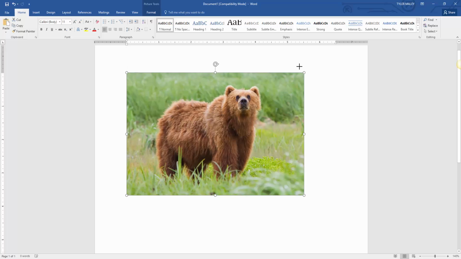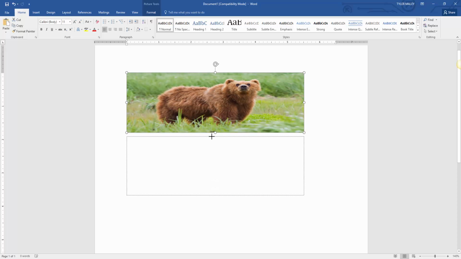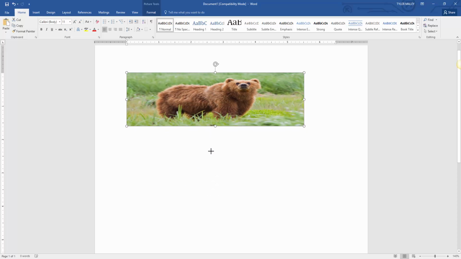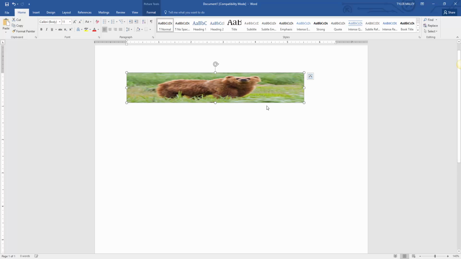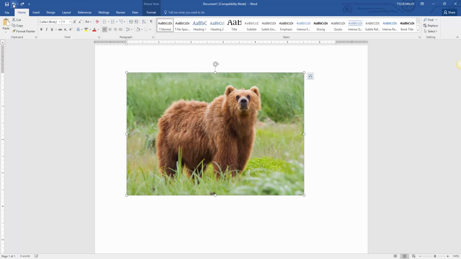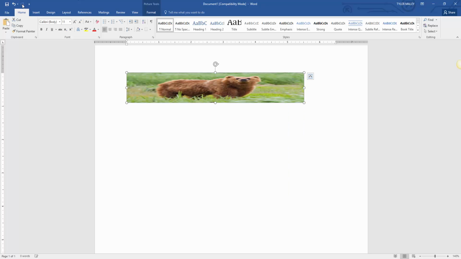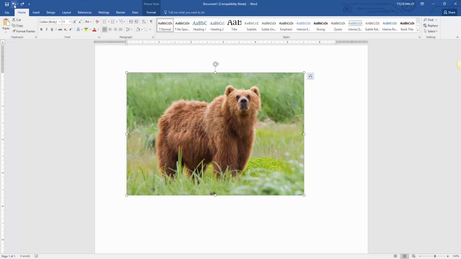So if, for example, I want to make it really short without using aspect ratio, I could use this middle one here and just drag it down, right? And if you notice, my image is distorted, right? It doesn't look how it used to look, right? So if I undo this, you can see how different those look, right? It distorts the image. Doesn't keep the same image, right?